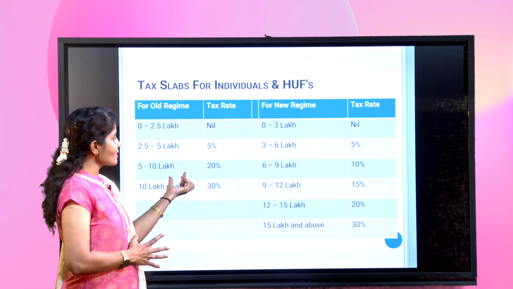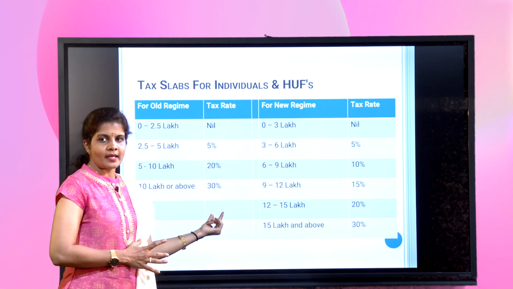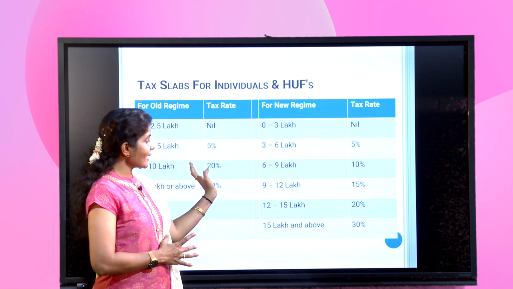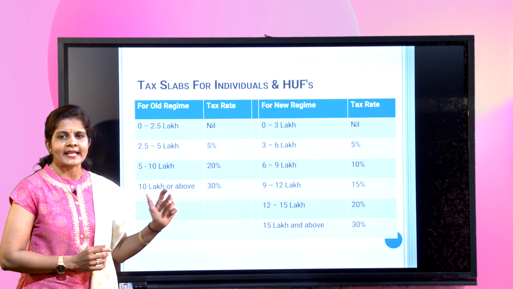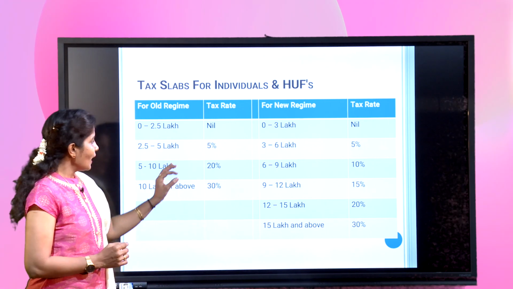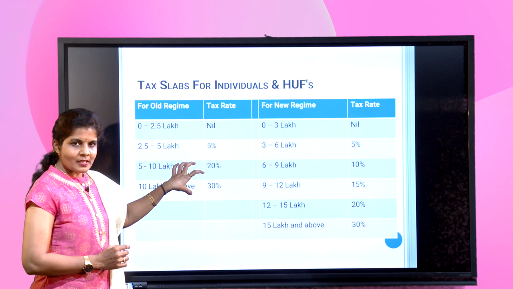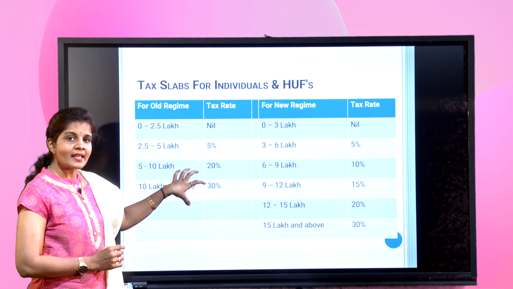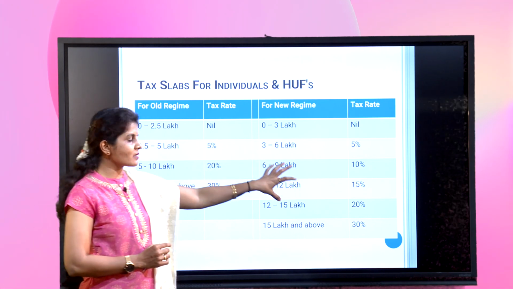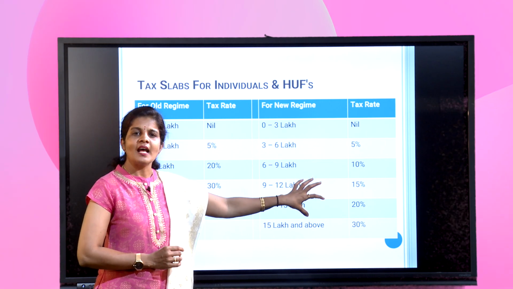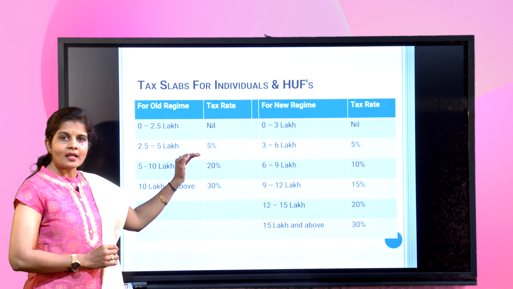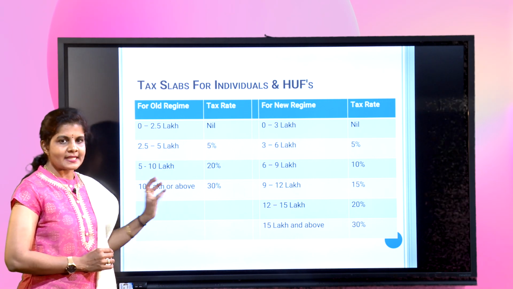The new tax regime has different tax rates from the old tax regime. As I said, the old regime is mainly beneficial to high income earners, whereas the new regime is beneficial to individuals who do not have other investments. Let us understand what the tax rate is for each slab.